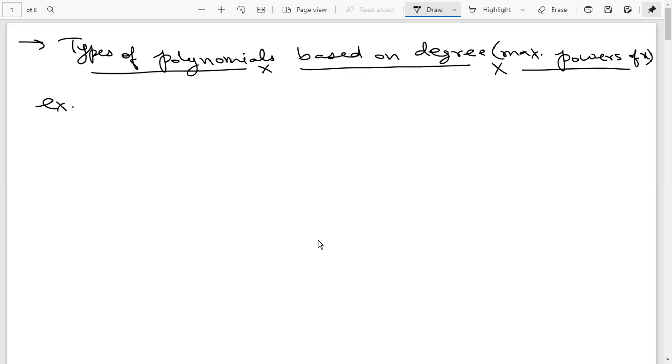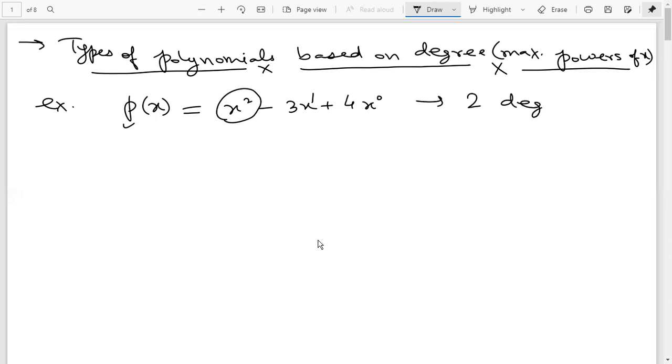Suppose we have p(x), meaning polynomial in terms of x, equal to x square minus 3x plus 4. Can anyone say what will be its degree? Degree will be 2 because the maximum power of x is 2. Here it is 1. Here it will be 0 because 4 into 1, we can write 1 as x to the power 0. So degree will be 2.